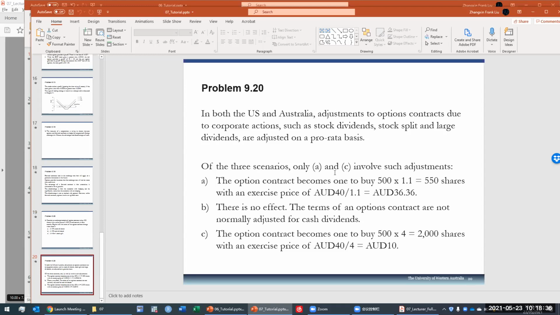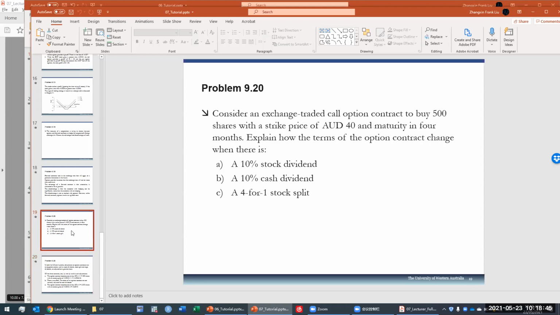And cash dividends are the one that is a lot more common. The other two are not as common as cash dividends. A cash dividend just means that I'm going to pay cash to whoever is holding the stock, right? Let's say you are in a long put position, do you get paid dividends?